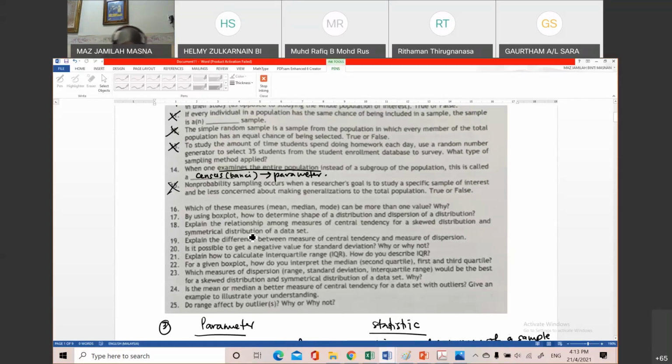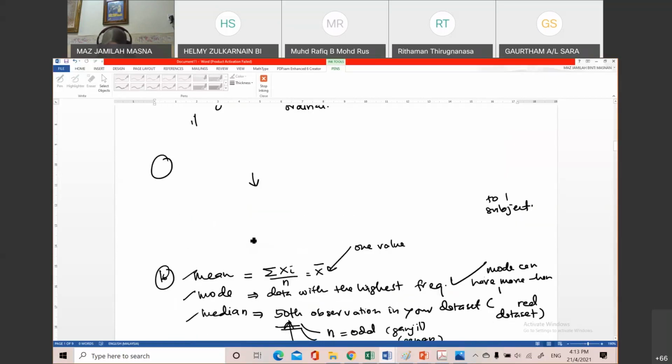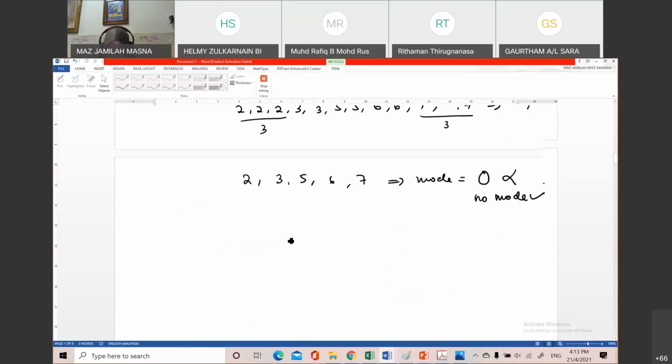Okay, now we finish number 16. Now look at number 17. By using box plot, how to determine shape of a distribution and dispersion of a distribution. So now we are specifically talking about the box plot. What is a box plot?